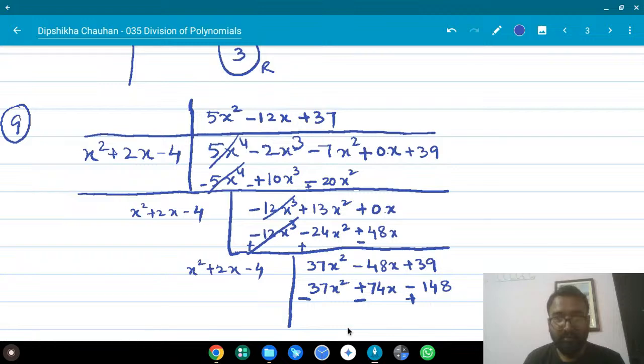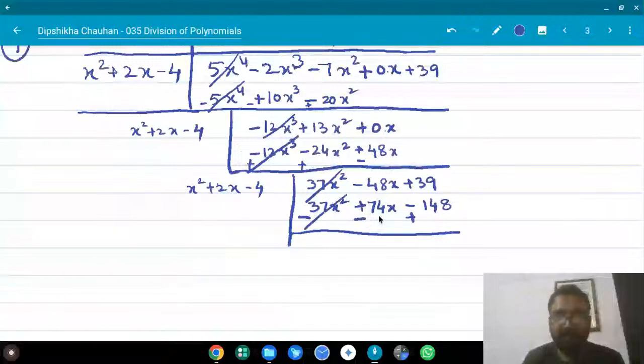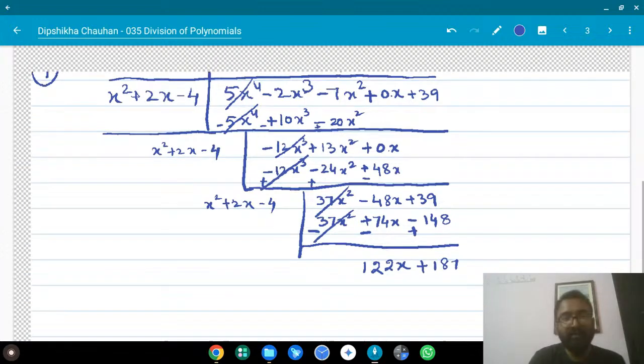So go to the next evaluation. So here you will get, this will be outside. It is minus 74 minus 48, it is 122x, and plus 78 plus 187. Okay, so can we go negative?